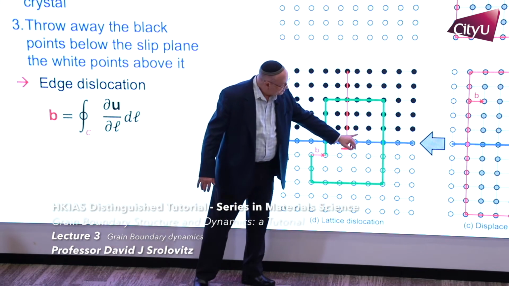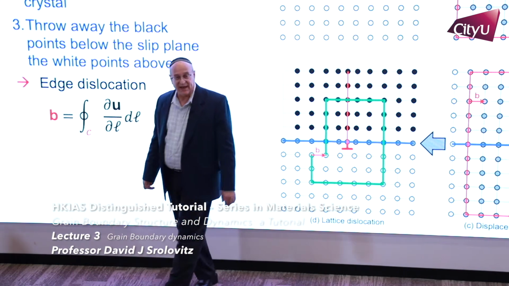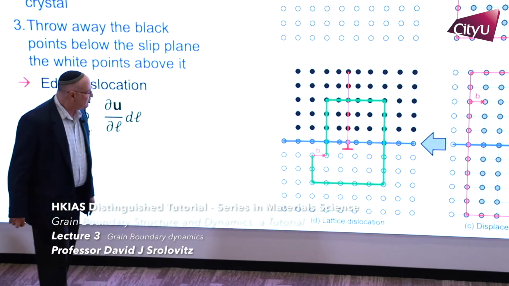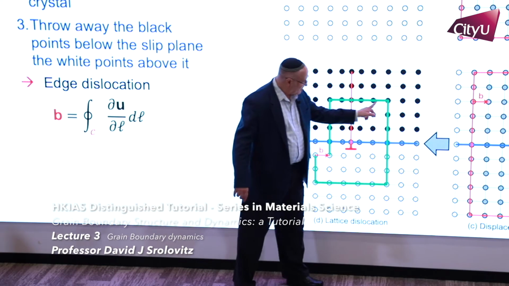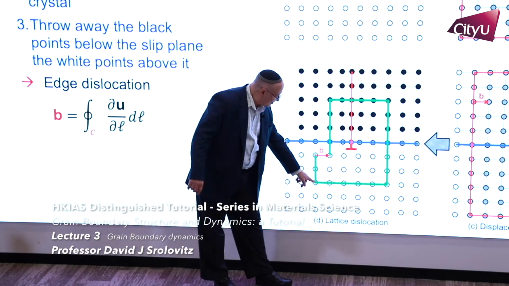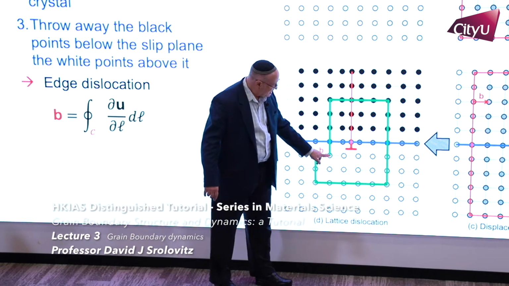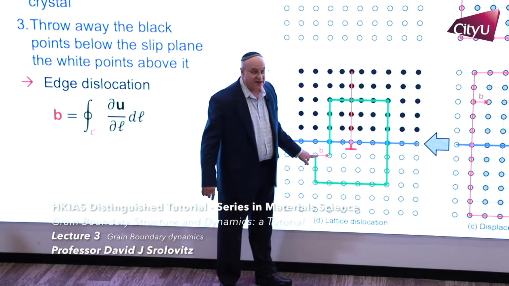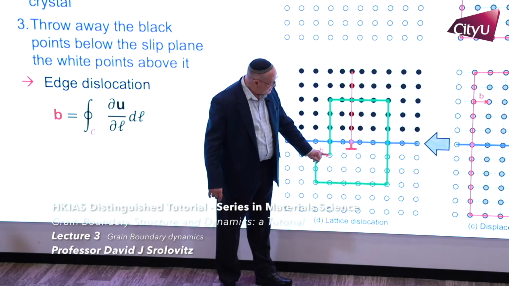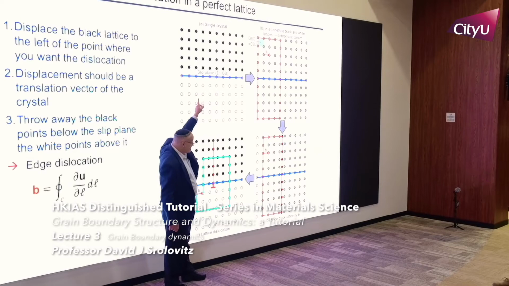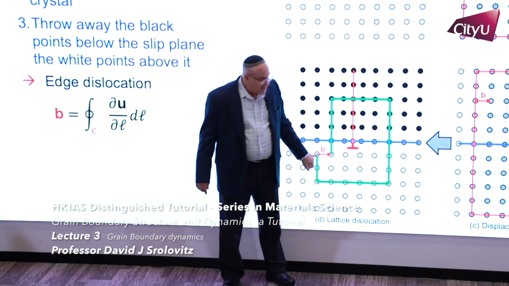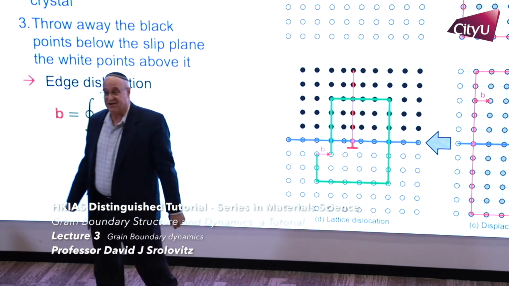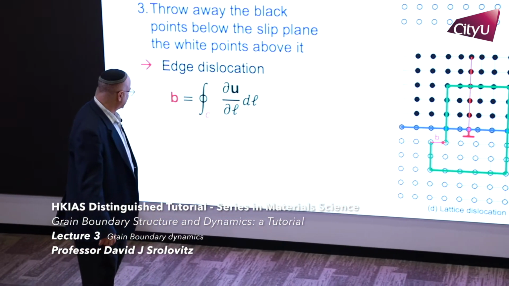Okay, so if I look at that, if I do a loop around it, I do a Burgers circuit, I go all the way around it, counting how many steps I take in each direction, and I have a closure failure here, B, and this B is the translation vector of the original lattice, and this B is the strength of the dislocation, or the Burgers vector.